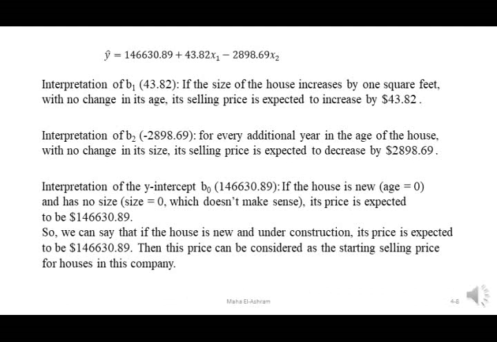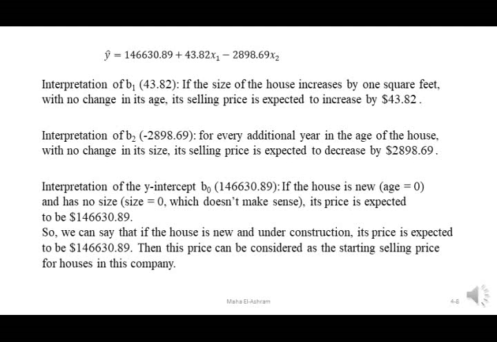The first thing we need to do is to write the interpretation of b1, which is the coefficient of x1. b1 is equal to 43.82. If you remember, what was the interpretation for the slope? The slope of the independent variable is always the rate of change in the value of y when x increases or decreases by 1.